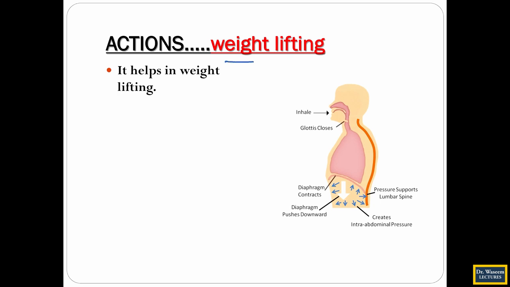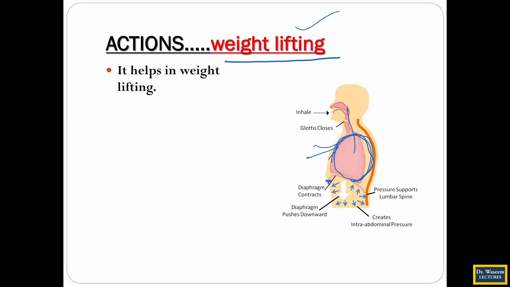At the same time, the diaphragm gives you a third function, that is weight lifting. When you are lifting a weight, the weight is shifting from above downward through your spine, and your spine can bend. At this time you take a full breath in, expanding your lungs and depressing your diaphragm.